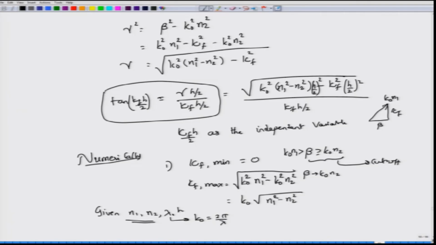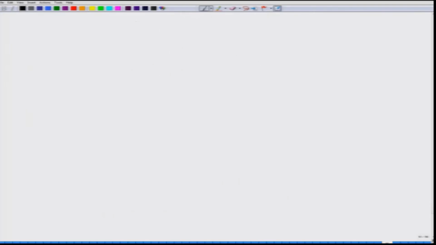Then what you have to do is to first determine the minimum and maximum values of kappa f. Once you have determined that, you write a code. Let us say you have kappa f as an array, a linearly spaced array from 0 to kappa f max. I am using 0 because that is the minimum value, and you create some 100 points or maybe 1000 points, depending on what you want.